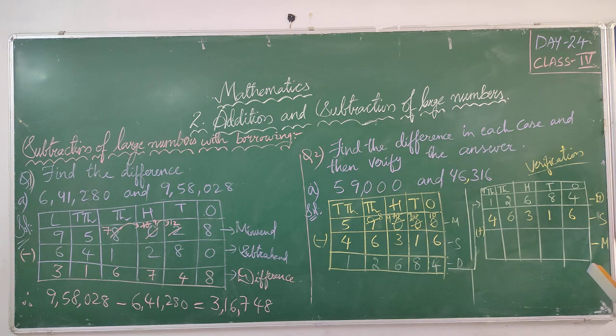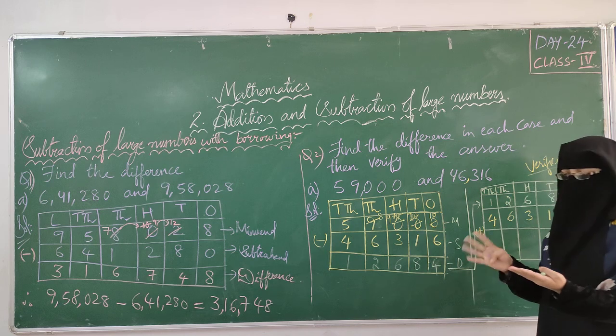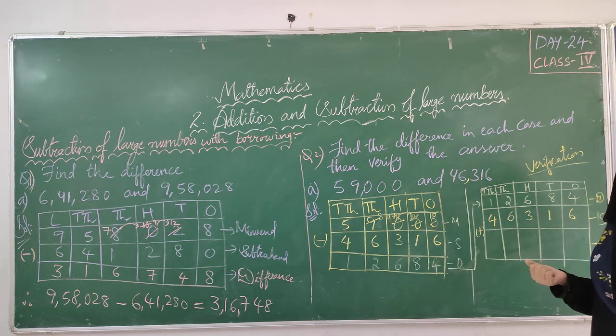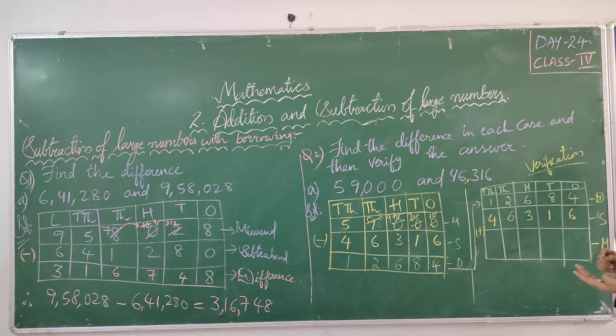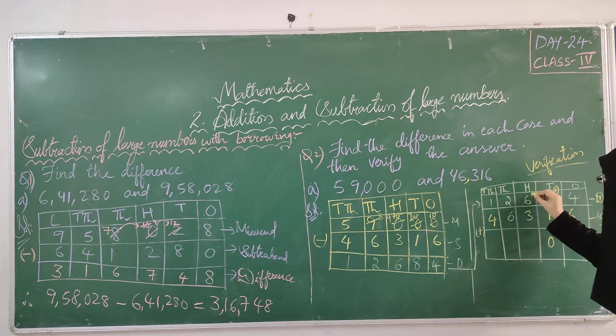Count it. 4 in your mind, 6 on your finger. After 4, 5, 6, 7, 8, 9, 10, right? So I'm writing 0 here, I'm sending 1 carry. 1 plus 8, 9. 9 plus 1, 10. 0. I'm sending 1 carry.